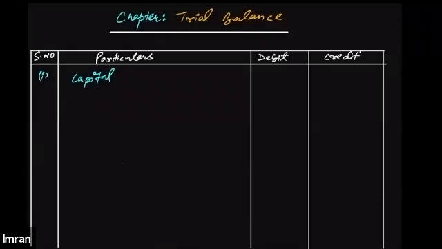Vanisha, Zainab, Ritika, any idea on which side we will write down the balance of the capital account? Vanisha says credit side. All right, Zainab and Ritika, what do you think? Capital account always has a credit balance. 24,000 needs to be written on the credit side.